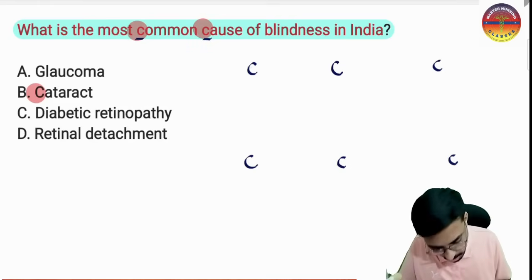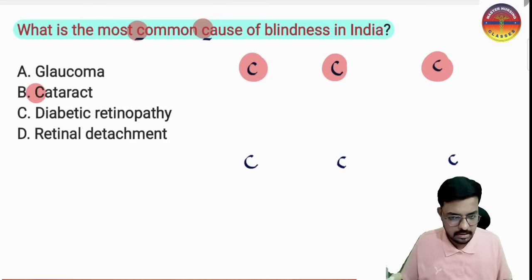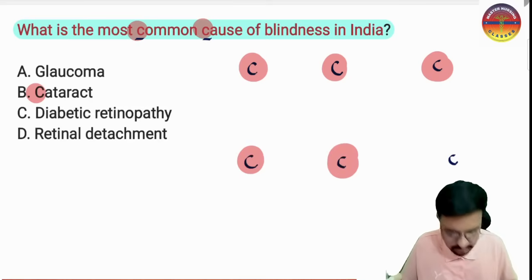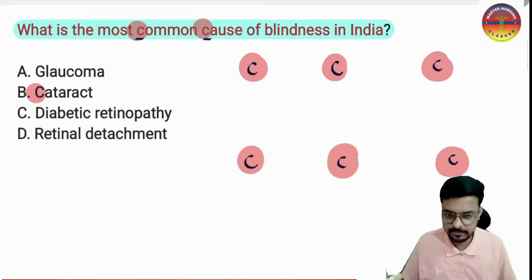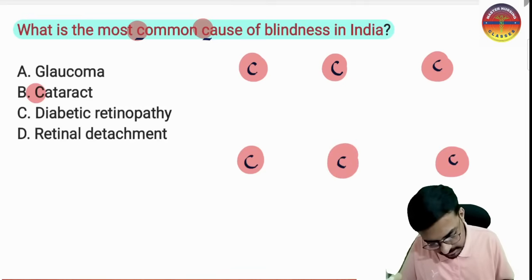Clear? The common cause of blindness is cataract. Which cells are responsible for color vision and central vision? Cone cells are responsible for color vision and central vision. This is a trick you can remember. So that is C.